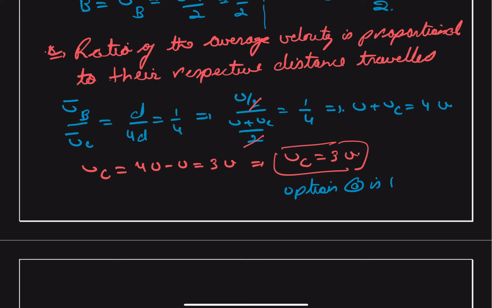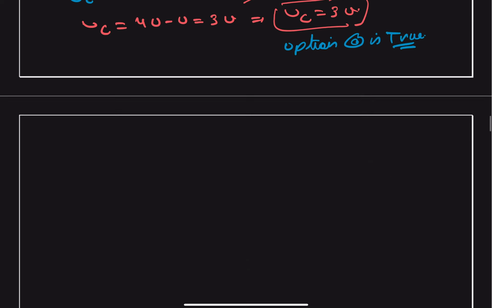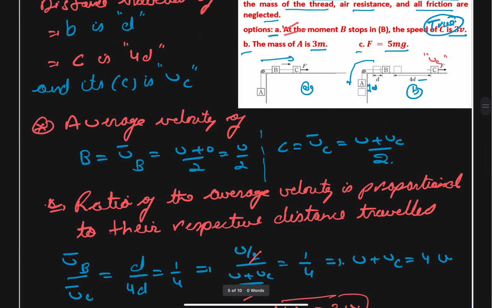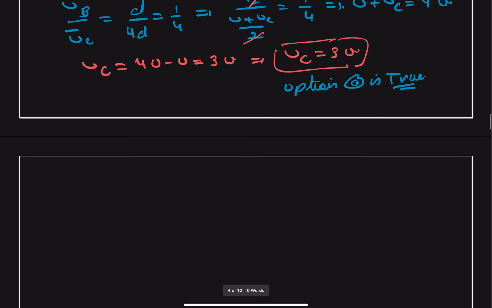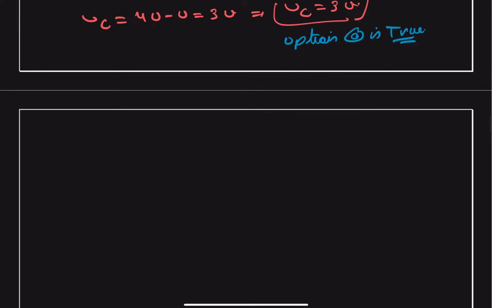Now we are supposed to find out the acceleration and the mass of A. For that we are going to use the equations of kinematics.